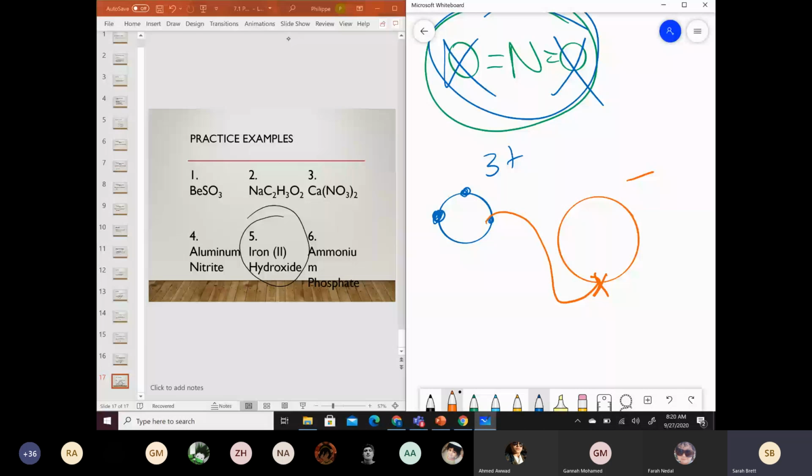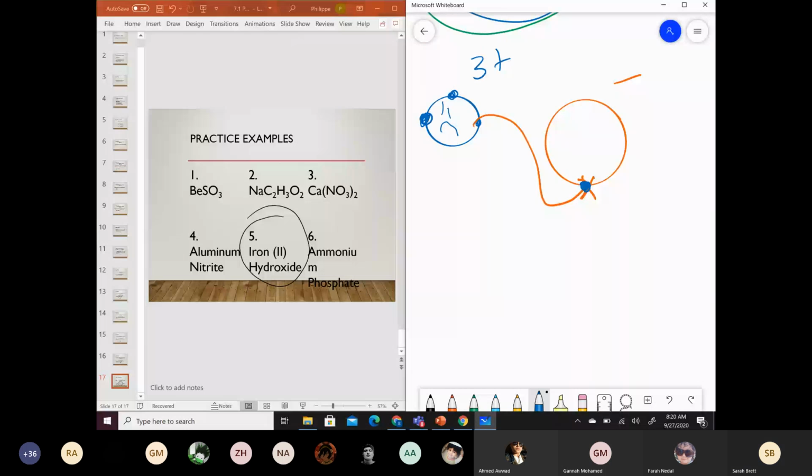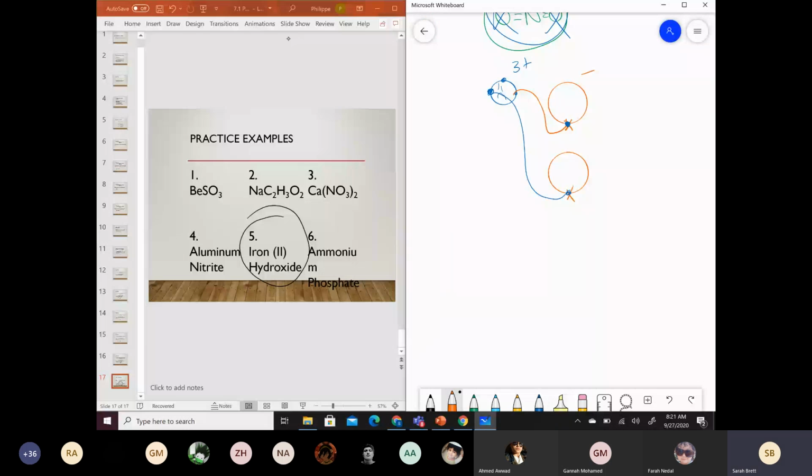So we need to find another nitrite that has 1 space. And then another nitrite. Now is it happy now? Guys, is aluminium happy now? Yes. And the ratio is 1 to 3.